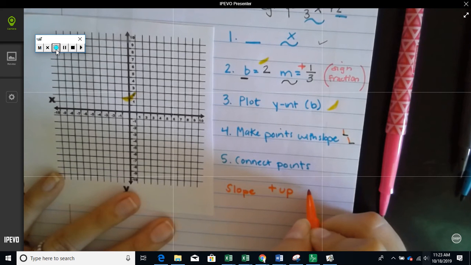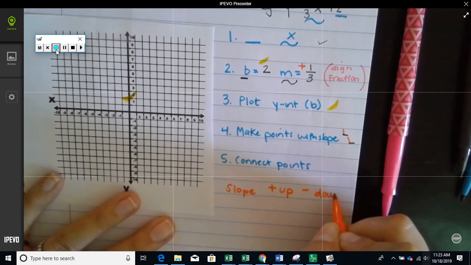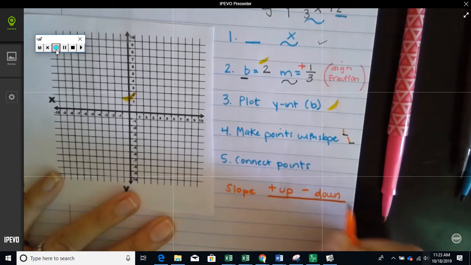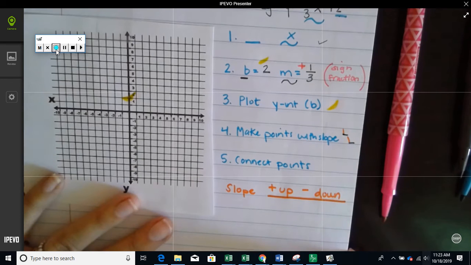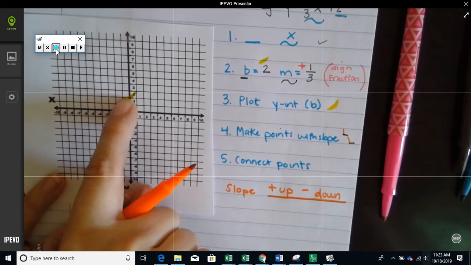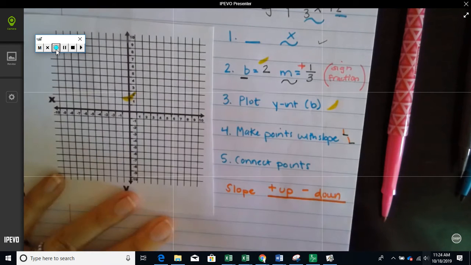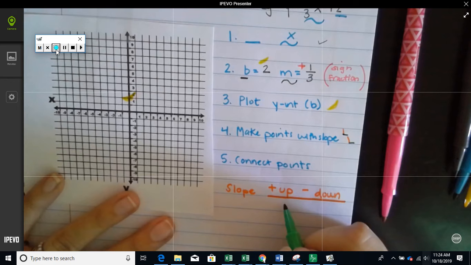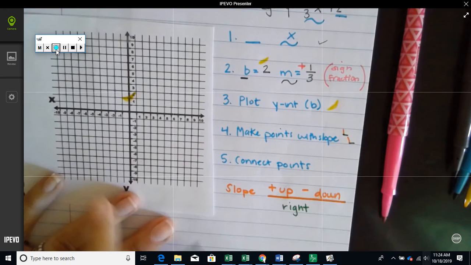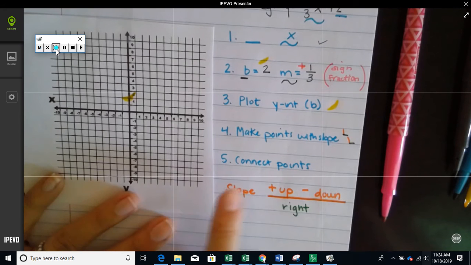When it's negative, you go down. That's for your rise. That's your numerator. From the banana, because that's the beginning point, you go up if it's positive, you go down if it's negative. But the denominator, you always go to the right. That's your horizontal. What matters is really the top part.